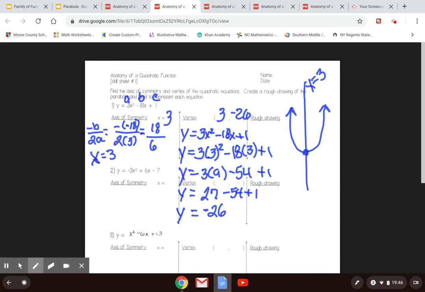So I know that my parabola's turning point is going to be 3, negative 26. Okay, so that's how each of your answers ought to look. All right, so let's pause for a moment.